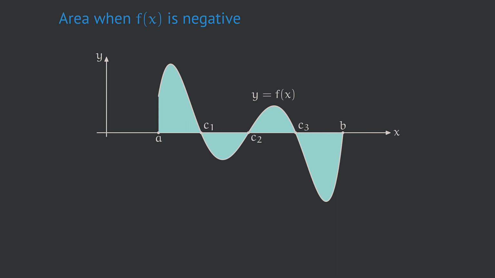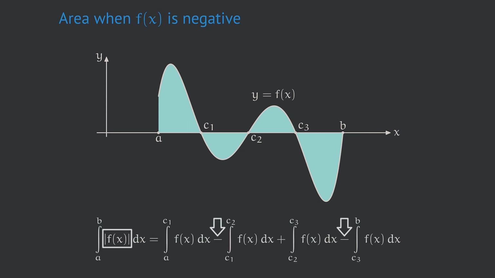On the other hand, if we are interested to calculate the sum of the colored areas without any negative contributions, we have to split the integral into different intervals and make sure that the integrals of the negative parts are equipped with a negative sign such that they will also contribute a positive value.